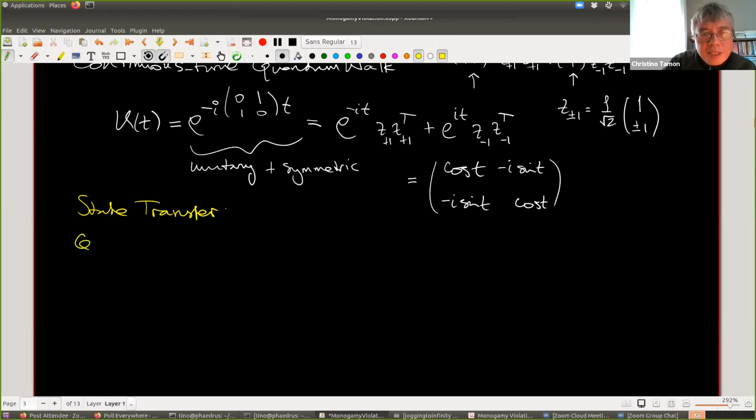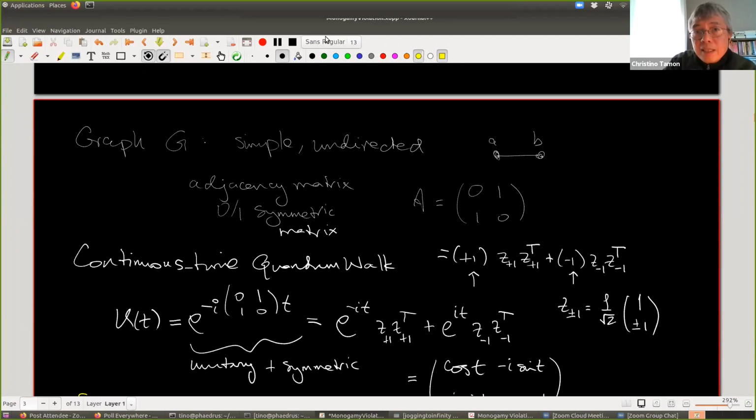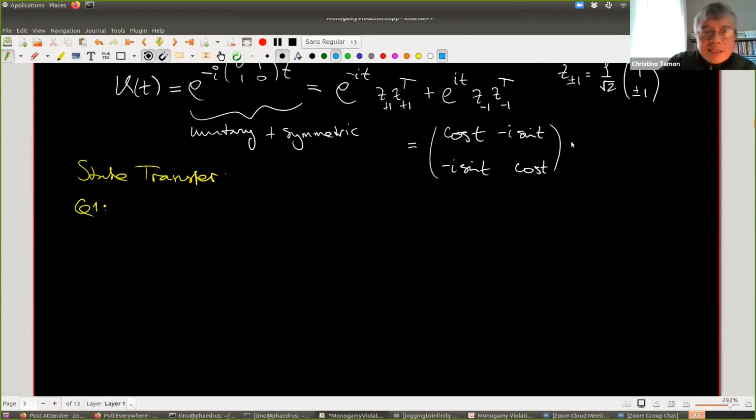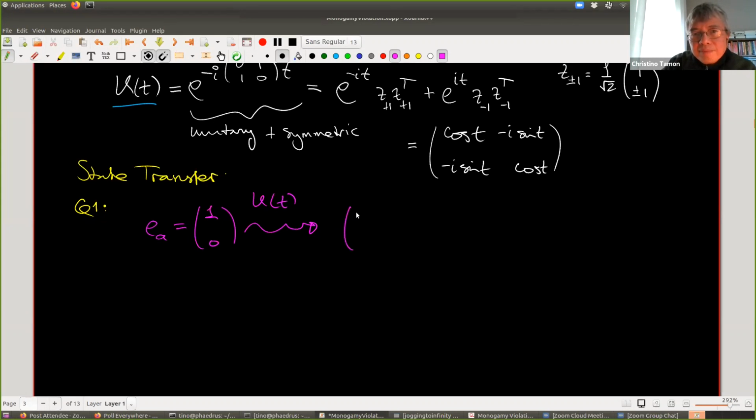The first question we can ask is, if I call these vertices A and B, we would like to ask in general, this unitary matrix here, if we were to start with the unit vector centered at A, does this unitary map send this to itself, for example?